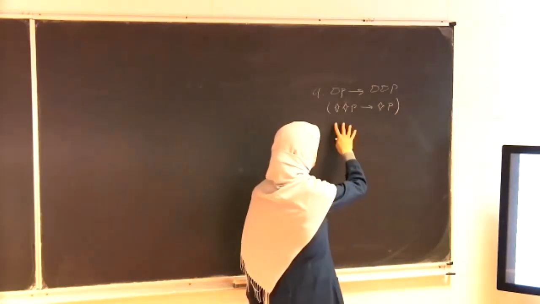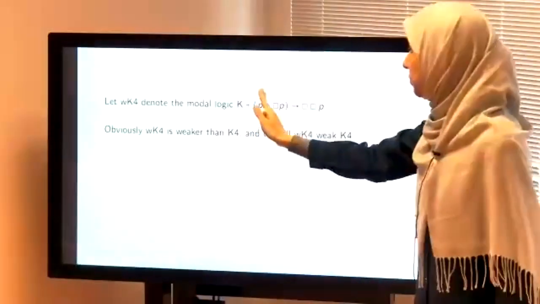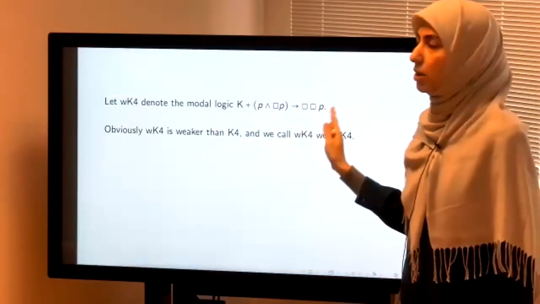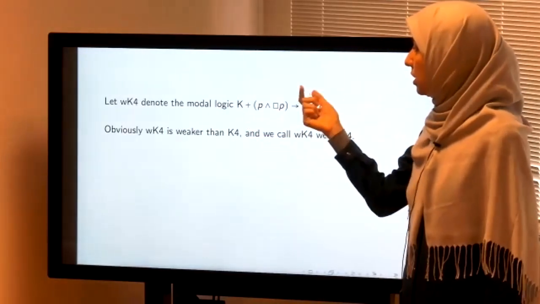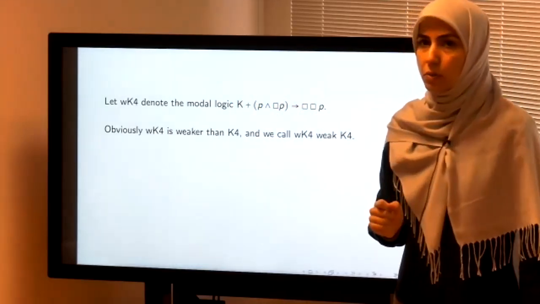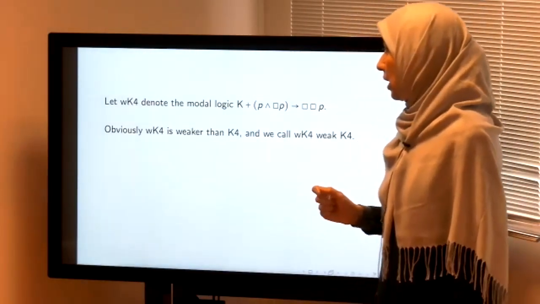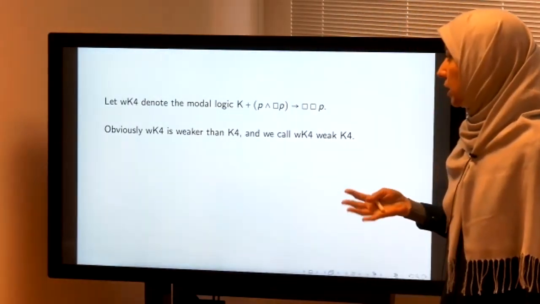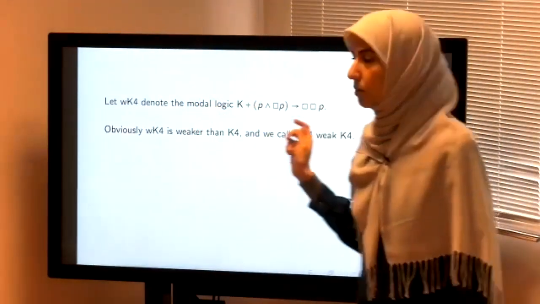It's a 4 axiom, but here we have an additional condition: p and box p, then box box p. So we call the logic obtained from adding this axiom to the normal modal logic K, WK4. And it's clear that WK4 is weaker than K4 because, as I said, 4 is these axioms and WK4 is these axioms.